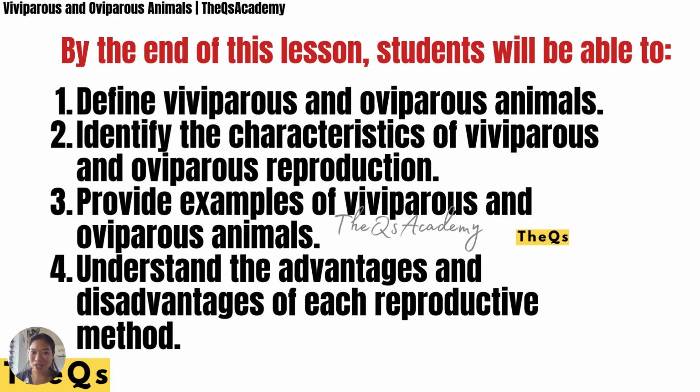By the end of the lesson, we will be able to define viviparous and oviparous animals, identify the characteristics of viviparous and oviparous reproduction, provide examples of viviparous and oviparous animals, and understand the advantages and disadvantages of each reproductive method.